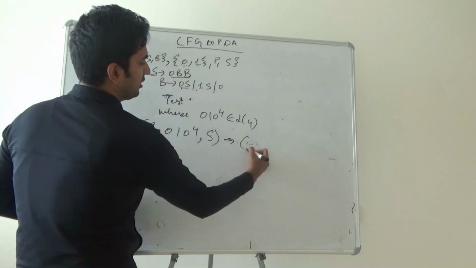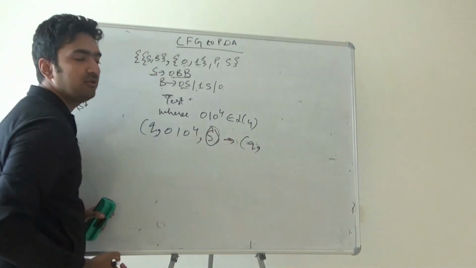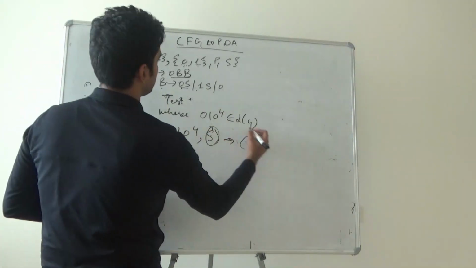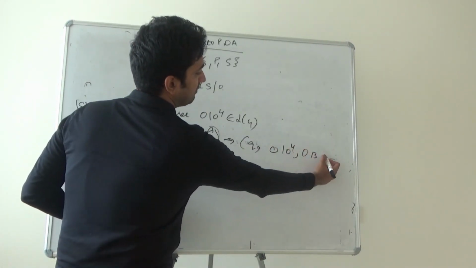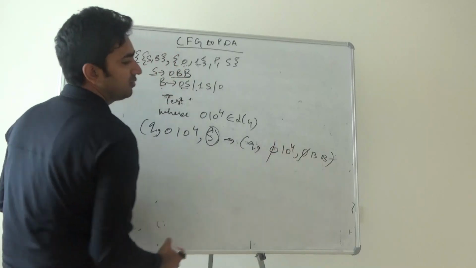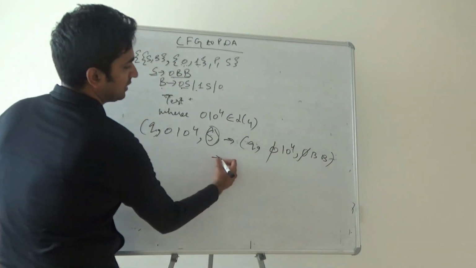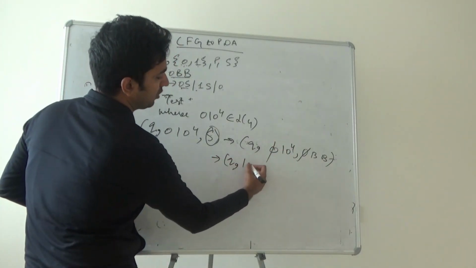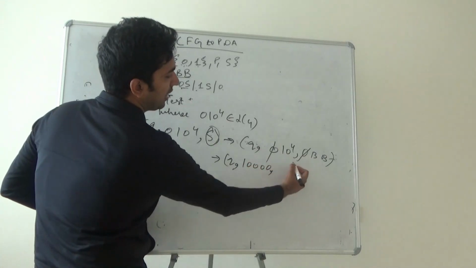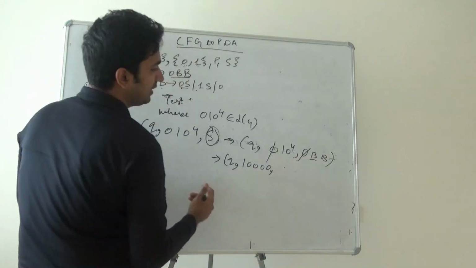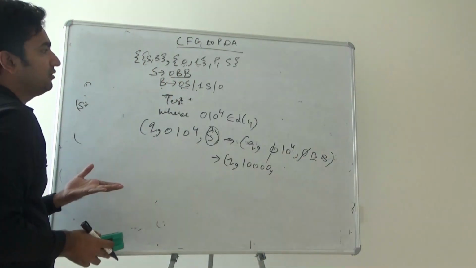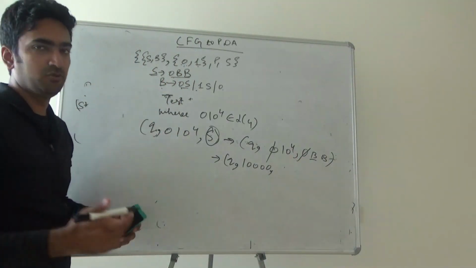So it will give me Q, and the value of S is 0BB, on the string 0 1 0^4, and it is 0BB. So clearly 0 and 0 are getting cancelled. Similarly, Q, we have got 1 0 0 0, and we have B. Whatever value you want to put for B, you can put.